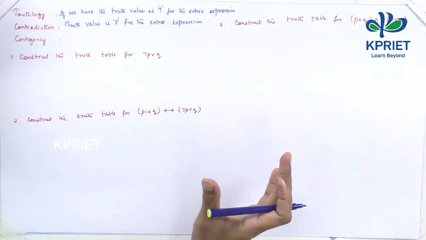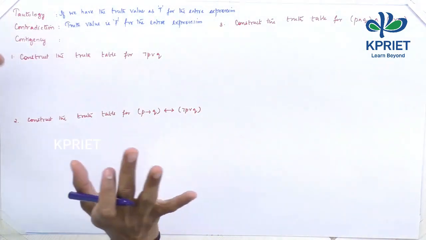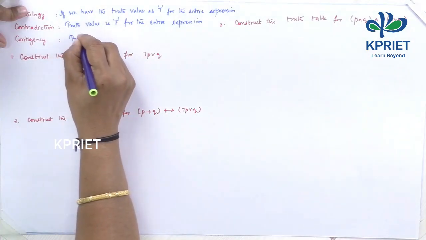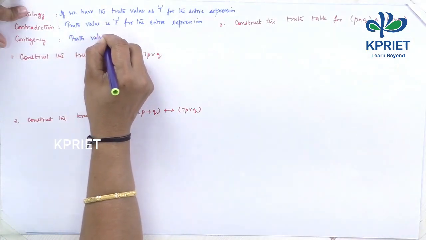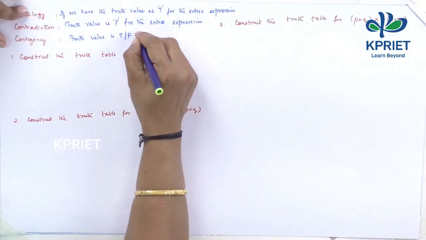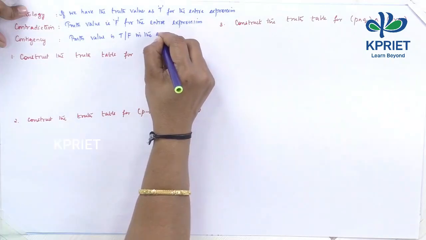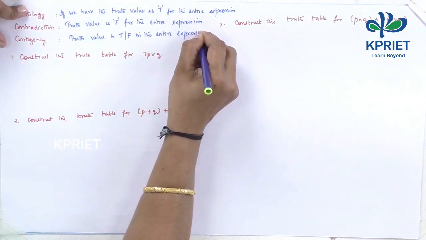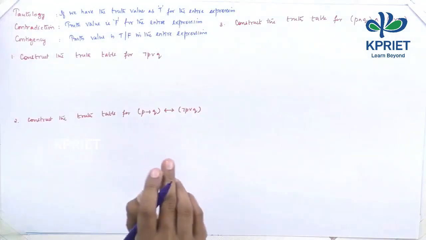So, contingency is a mixture of both T and F. Whenever the truth value is either T or F in the entire expression, if it is in the mixed form, then we call that statement a contingency.